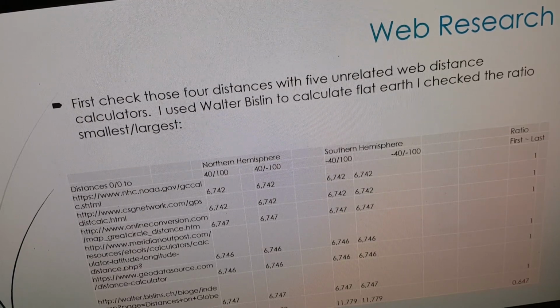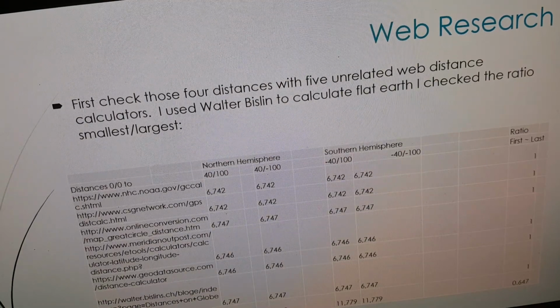So my first notion was to check those four distances with 5 unrelated web calculators. So here's my 4 latitude longitudes, and I took these 5 websites and calculated the 4 distances.